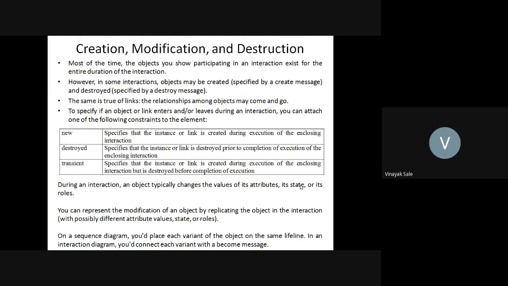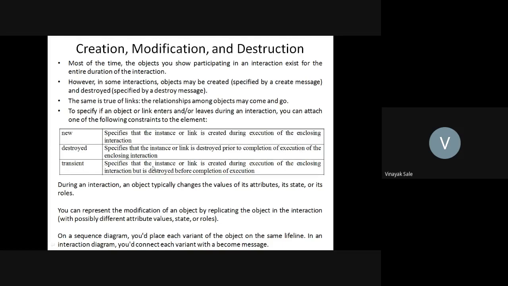New specifies that the instance or link is created during the execution of the enclosing interaction. Destroyed specifies that the instance or link is destroyed prior to the completion of the execution of the enclosing interaction.